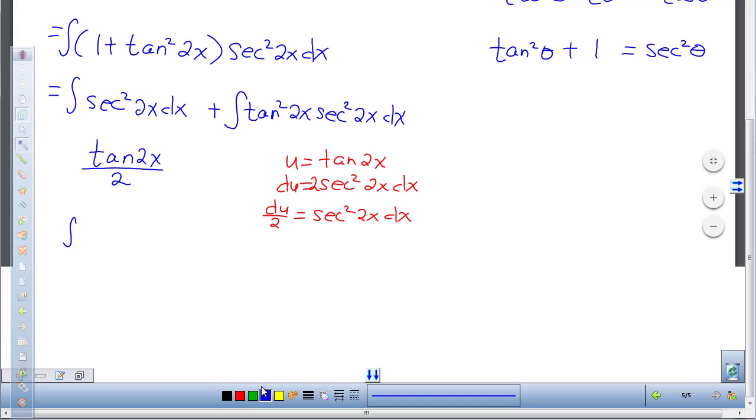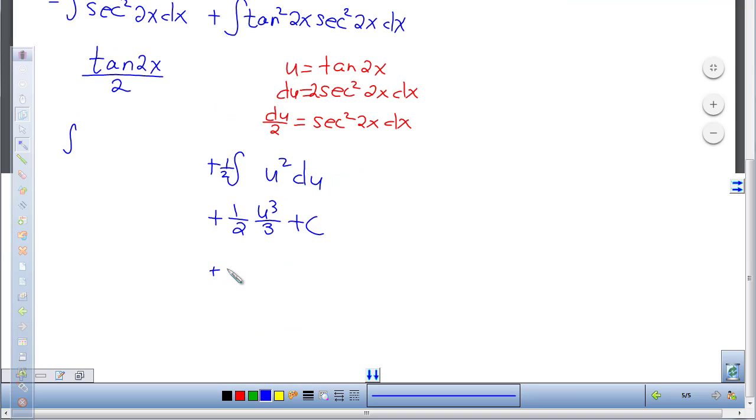So we're going to say u squared, and then secant squared 2x dx is du over 2. Of course, that integrates as u cubed over 3 plus c. So this is going to be tangent cubed 2x over 6 plus c, and then we already had tangent 2x over 2.